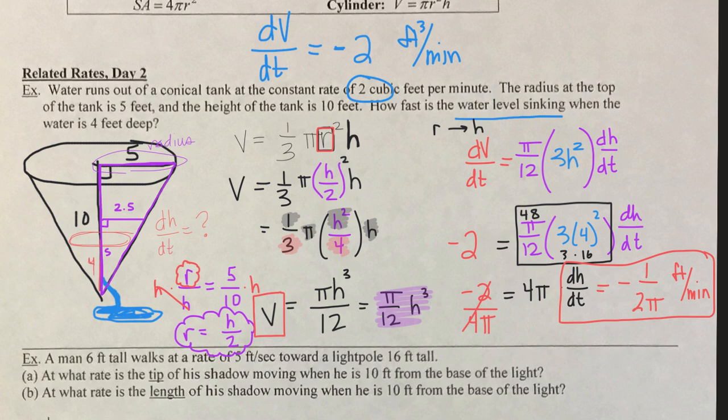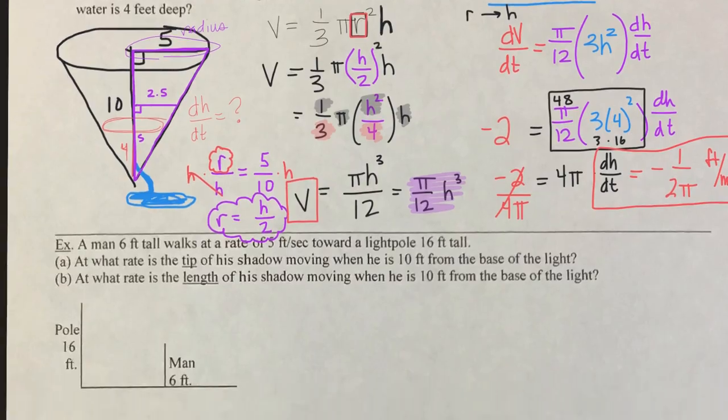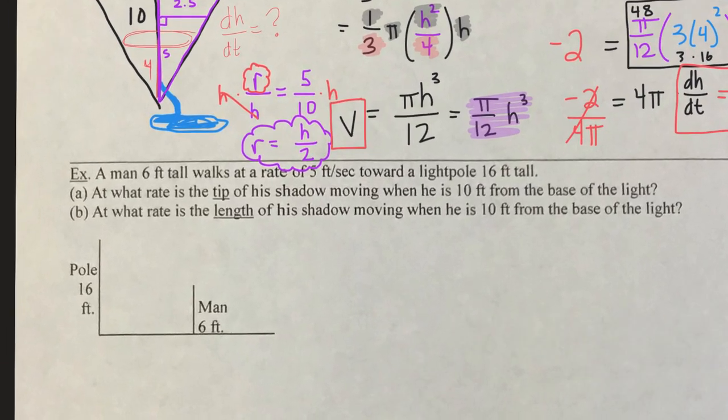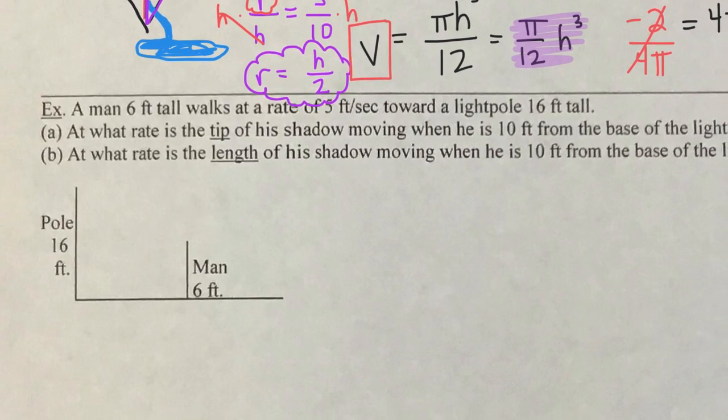Okay, next, the classic man walking underneath a light pole problem. Okay, so I know it's hard to read, but this man is 6 feet tall, and he's walking at a rate of 5 feet per second toward a flagpole, towards the flagpole. So his movement is going this direction.